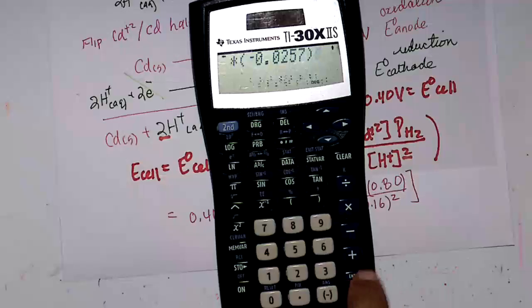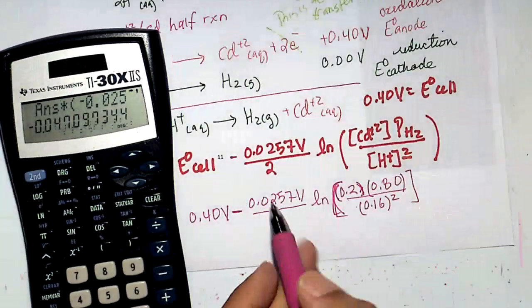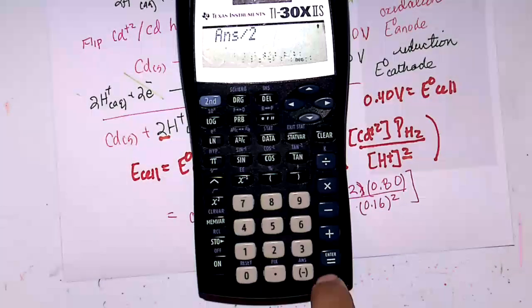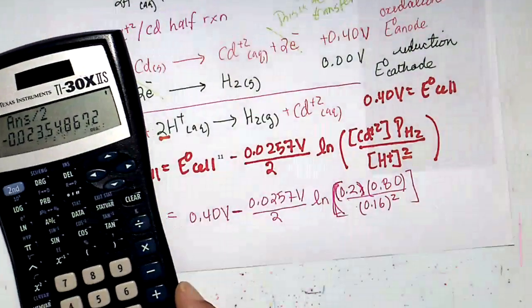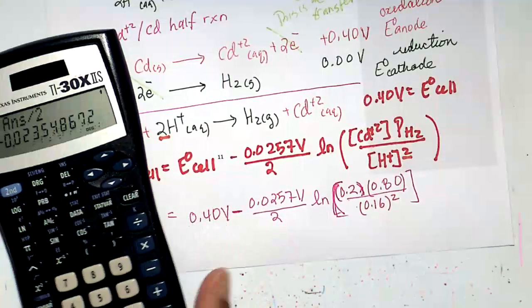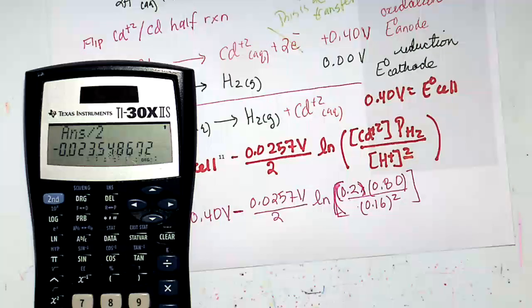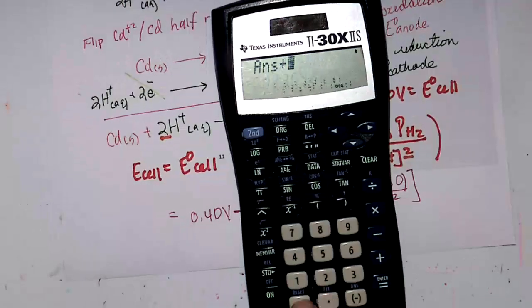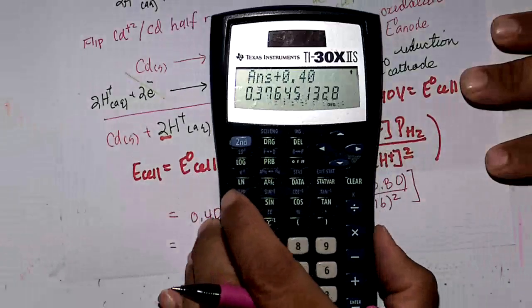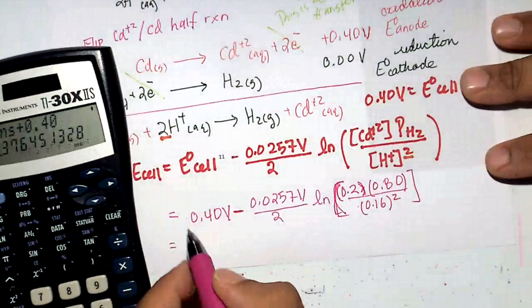I'm going to divide it by 2, because this is a 2 electron transfer reaction. And then plus 0.40. I'm getting 0.38 volts. Anyone got it? Okay, got one person who got it. So I'm going to say this is the right answer.